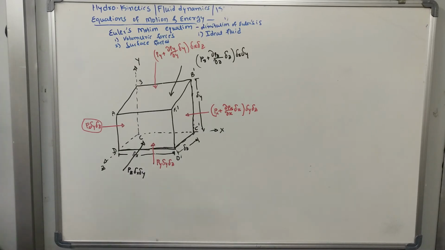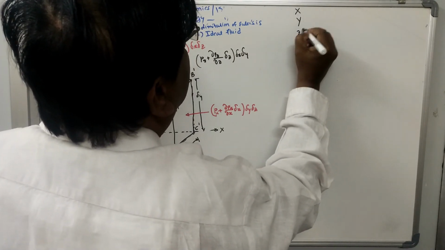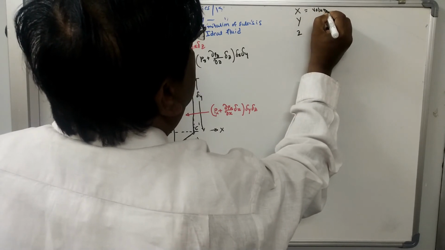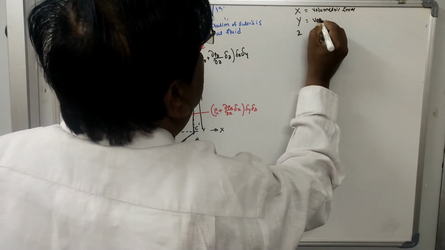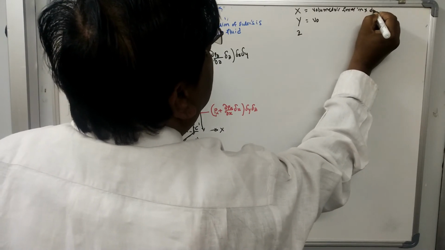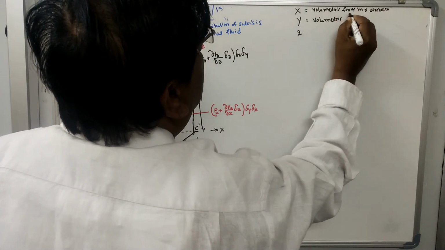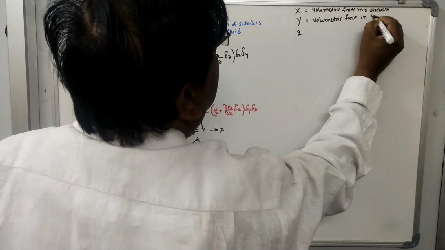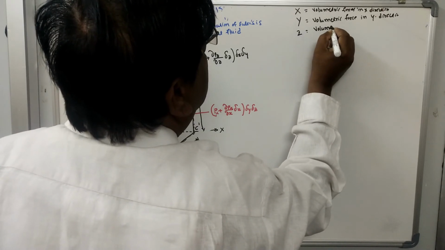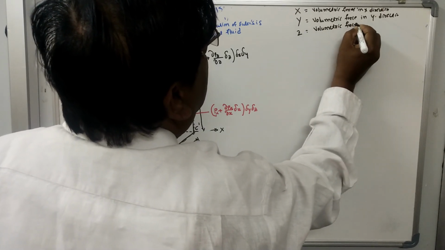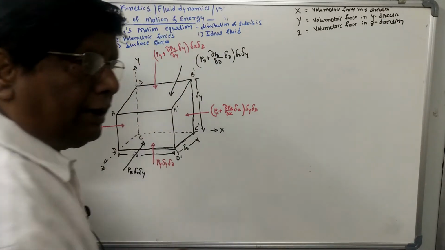Now let us take capital X, capital Y, capital Z as the volumetric forces: the volumetric force in the x direction, the volumetric force in the y direction, and the volumetric force in the z direction.